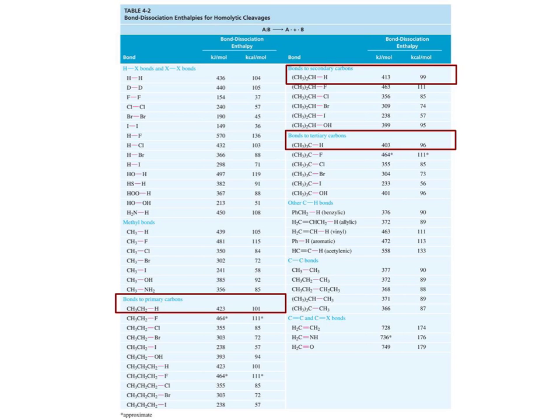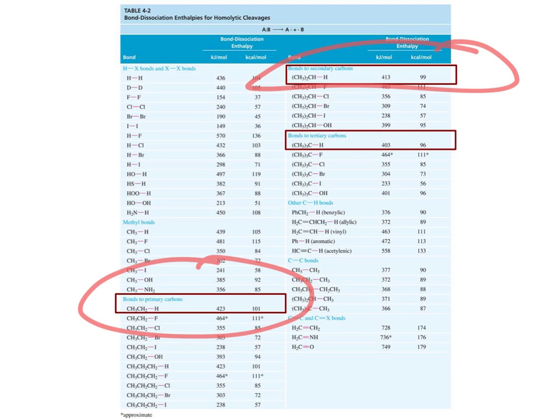We're focusing on the CH bond from a primary carbon here, the CH bond at the secondary carbon of propane, which is here, and then the CH bond at the tertiary carbon in 2-methylpropane, which is a constitutional isomer of butane.